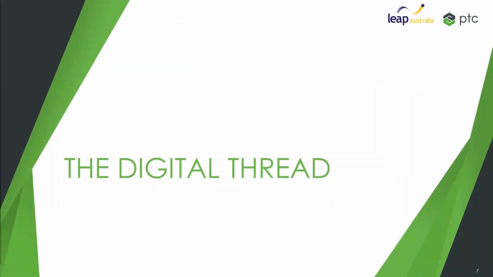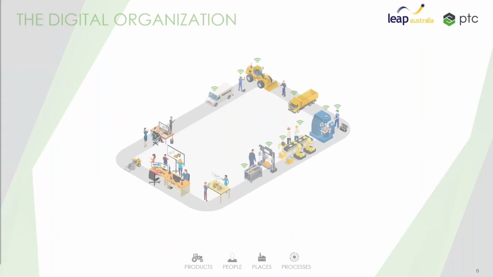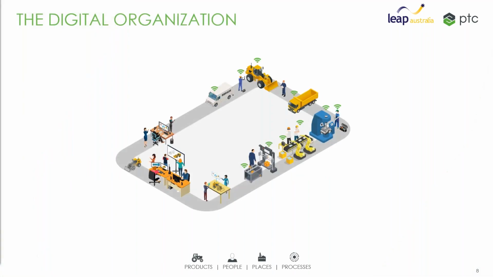So a quick mention of the digital thread. The concept of the digital thread, if you're not familiar, is the idea that within an organization there are lots of different departments. Those departments typically create information that's often created in different systems, different applications, maybe stored in different locations.